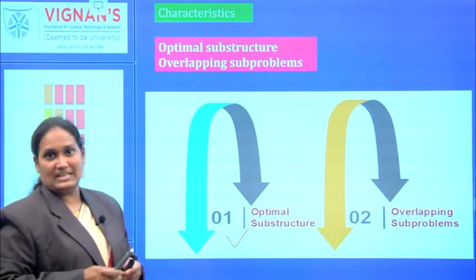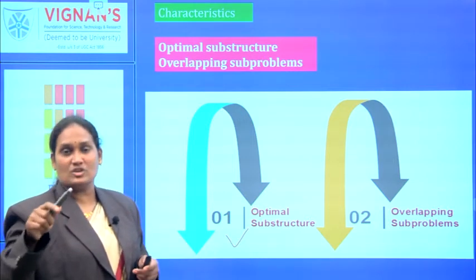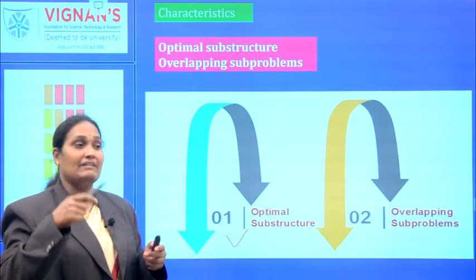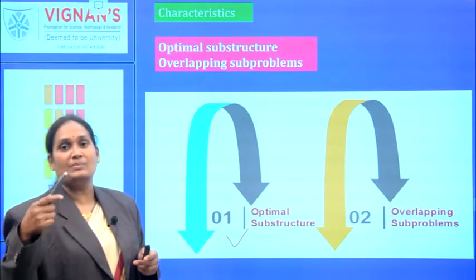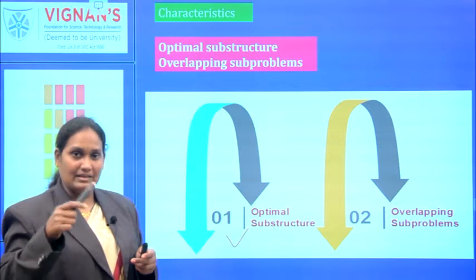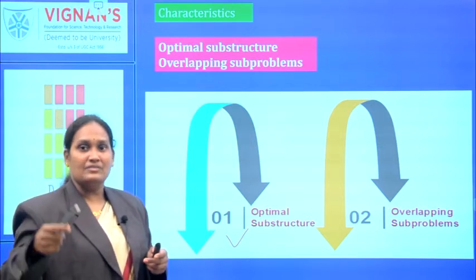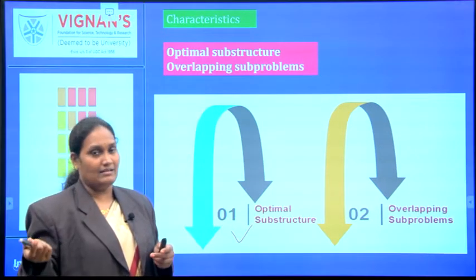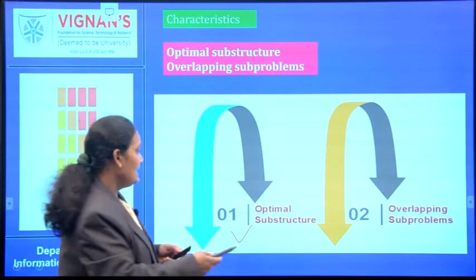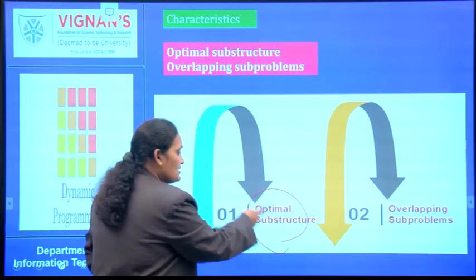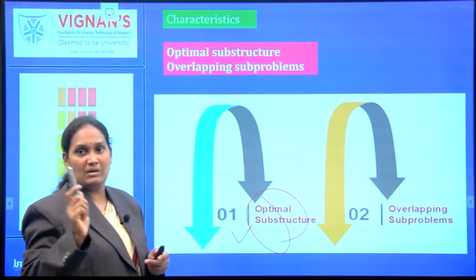I already said that the solution should be optimal. So at every state, we need to verify whether the solution is optimal or not. If we do not verify, we will not get an optimal solution. That is why every subproblem should be optimal.